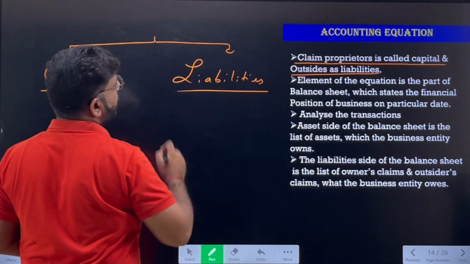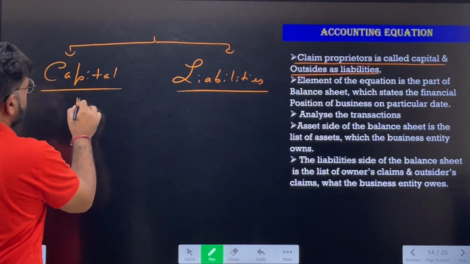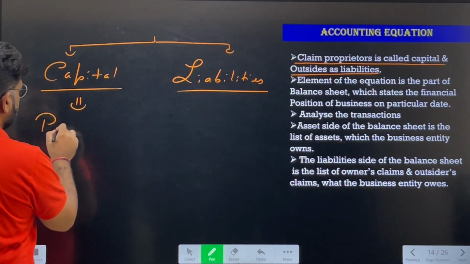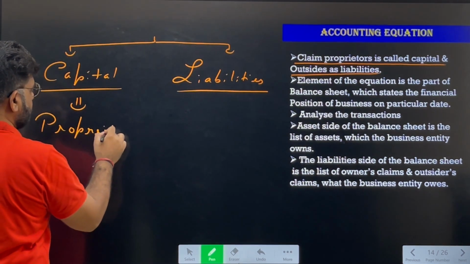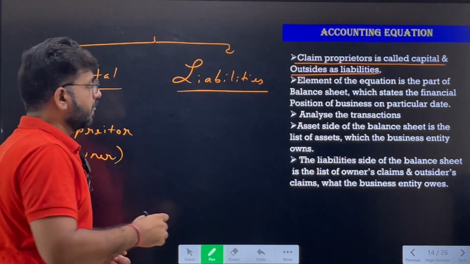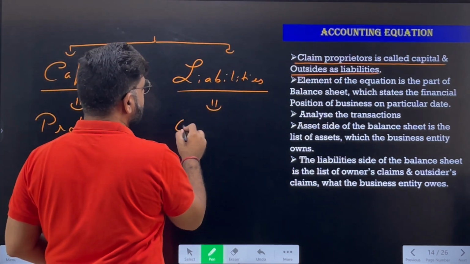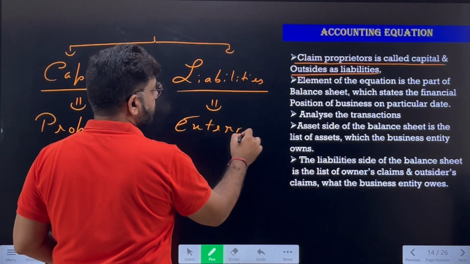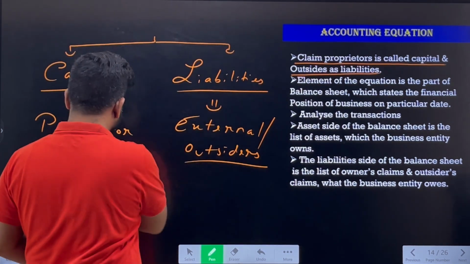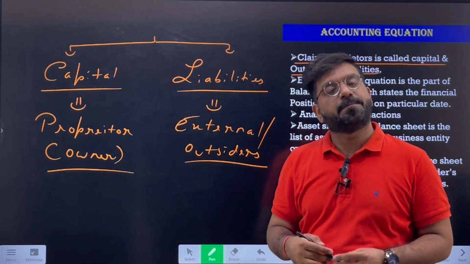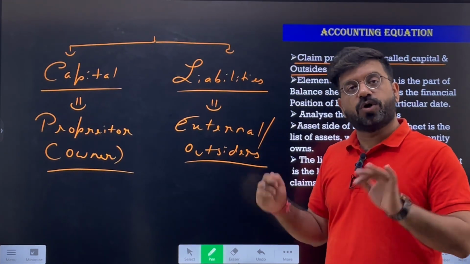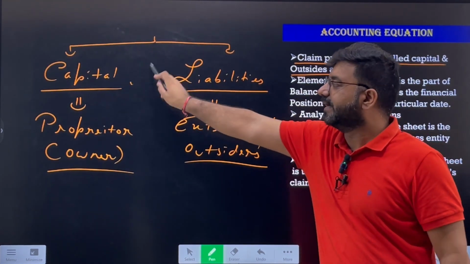So just to make you understand, the amount the business owes to the proprietor, that is the business owner, is known as capital, and the liabilities which are owed to the external persons, or the outsiders, are basically known as liabilities. So liability simply means the amount which a business owes to the external person, and the amount which is owed to the owner or the proprietor is known as the capital, that is the internal liability.